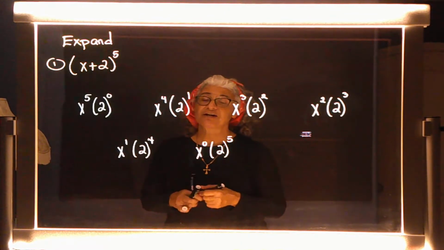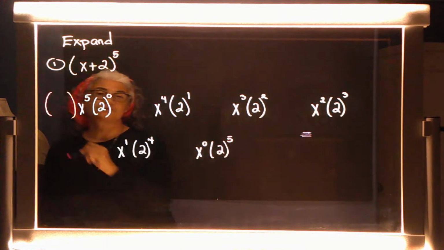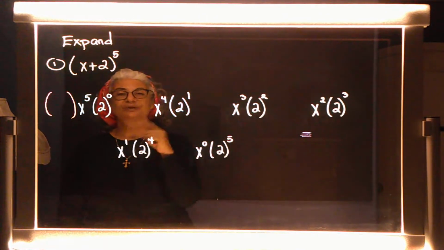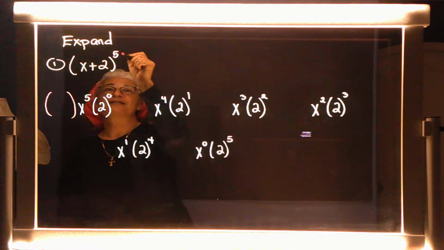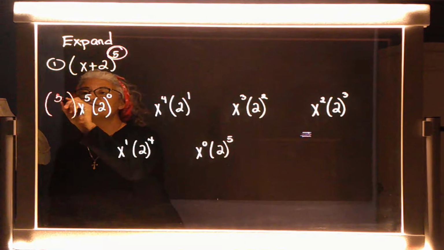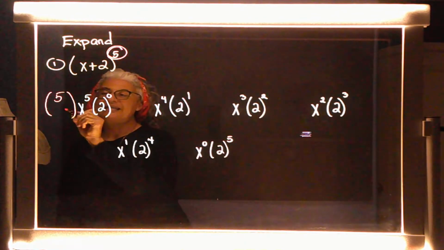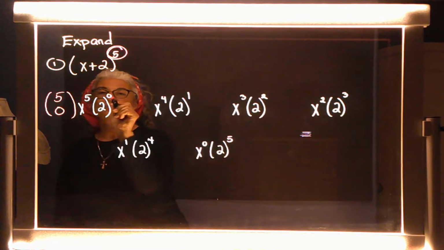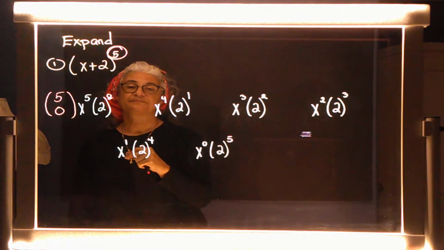Next, we have to figure out the coefficients. So, remember, it's this n choose x notation. What's n? For every single one of these, what will your n be? Yes, 5. It's always the original. And what's this number going to be? In this term, it's going to be 0 because 0 is the power of the second variable.